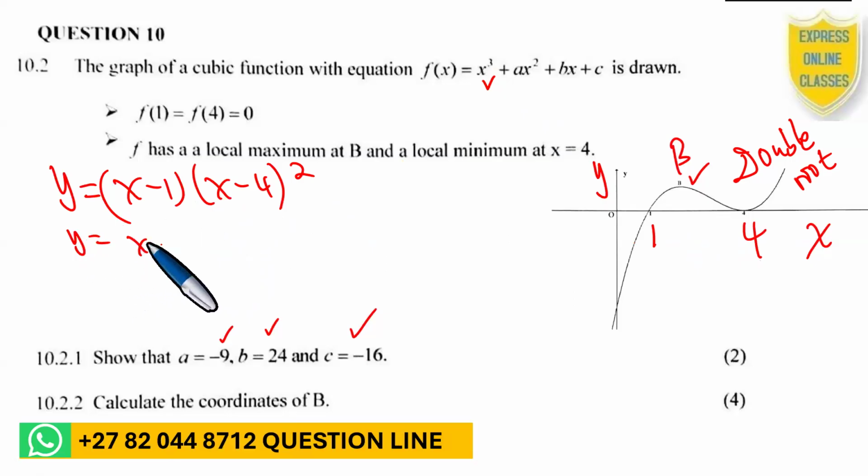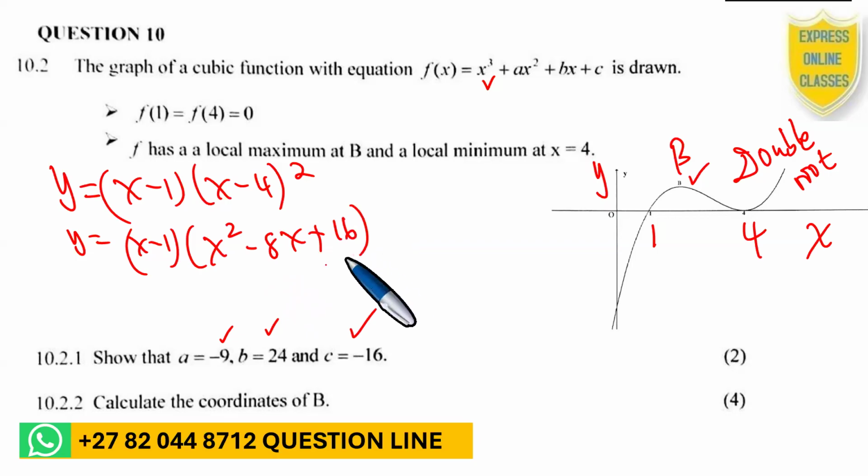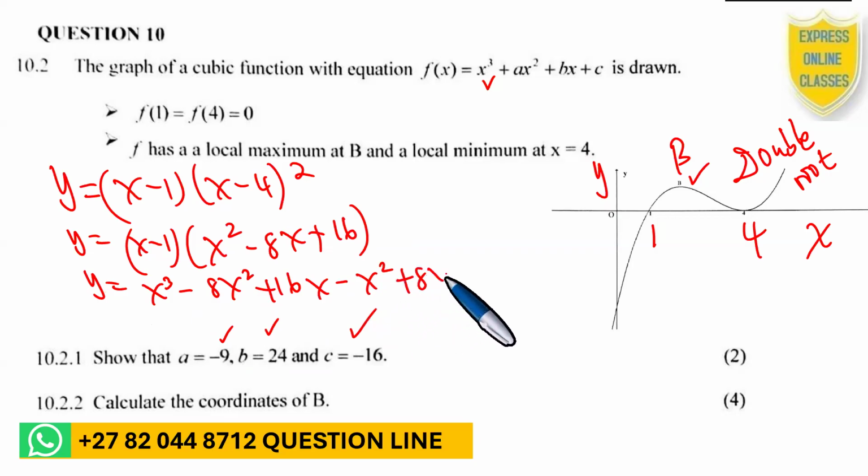If we multiply these things, we have x squared minus 8x plus 16, which means it is x cubed minus 8x squared plus 16x minus x squared plus 8x minus 16.